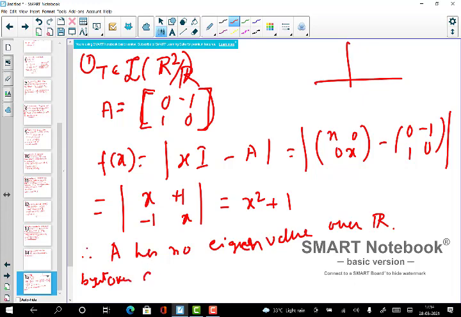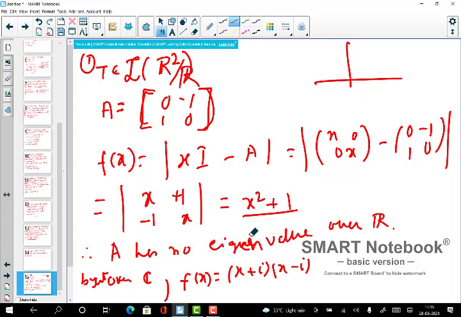But if you do it over C, so if you take C squared over C, meaning you consider the polynomial over C, in this case it has eigenvalues, right? You can write it as x plus i and x minus i, so plus i and minus i are the eigenvalues of that same polynomial.